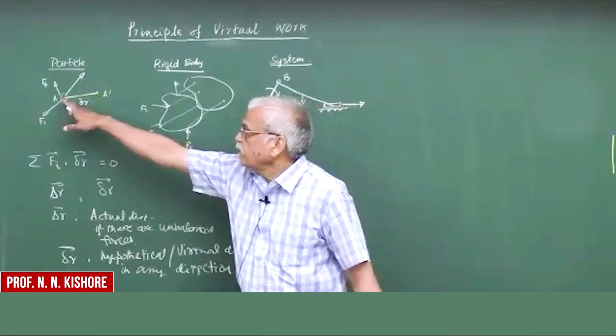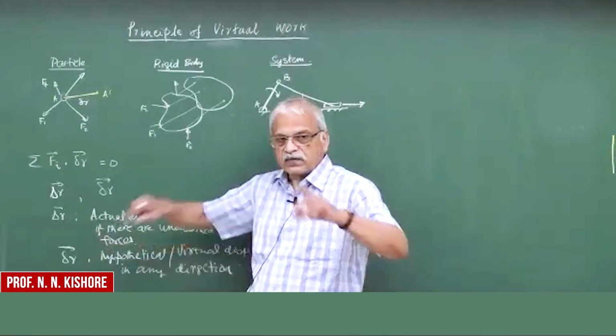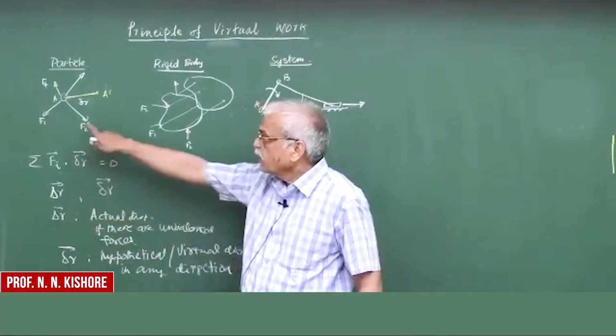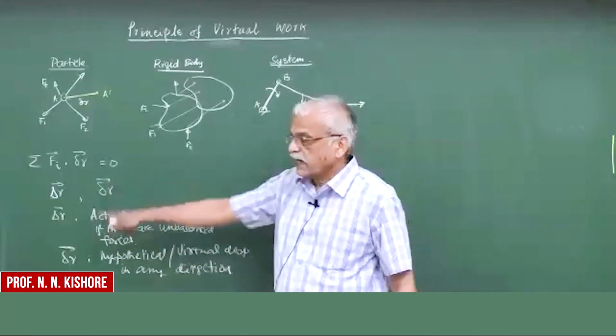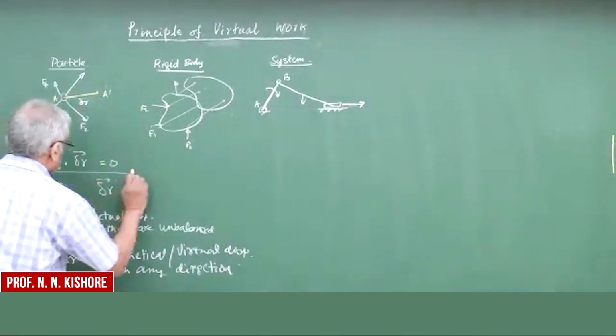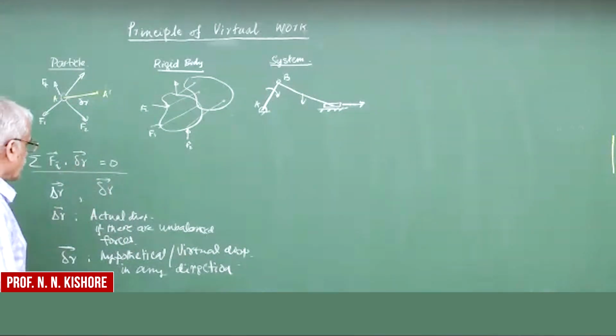If the particle, with a big if, moves through a delta R like this one, then the work done associated with that is given by the forces multiplied by delta R, which is the dot product.